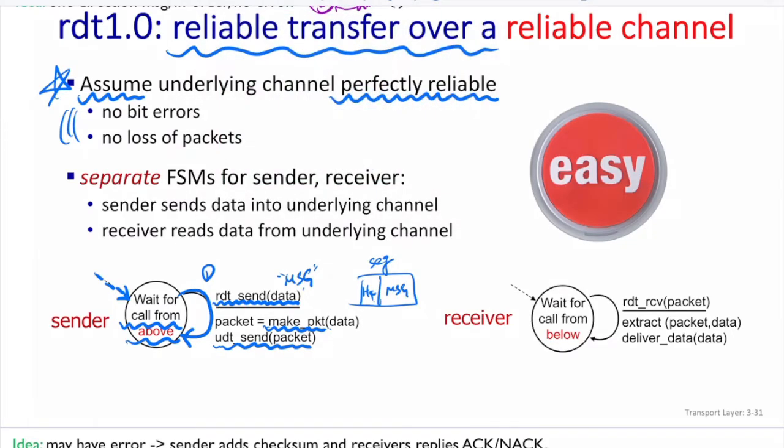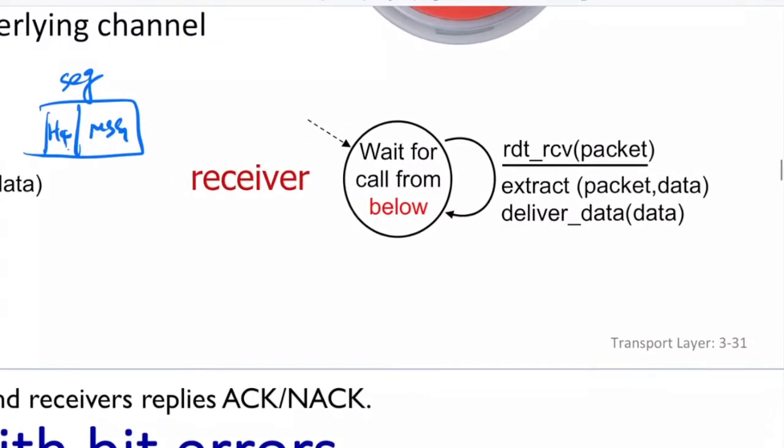So let's take a look at the right hand side. As a receiver, you simply wait for the segment sent from the underlying layer 3. So it waits for call from below, and that is the initial state.